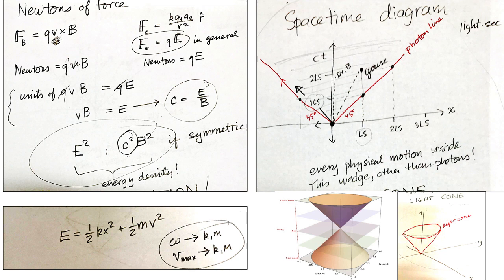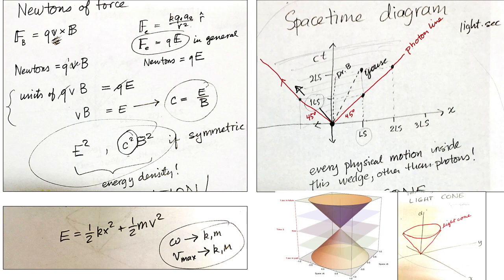Okay, and so same thing here. So if you think of everything in terms of light years or light seconds, then you're good. Now, let's go 1 light second out, 2 light seconds out, and I'll go 3 light seconds out.